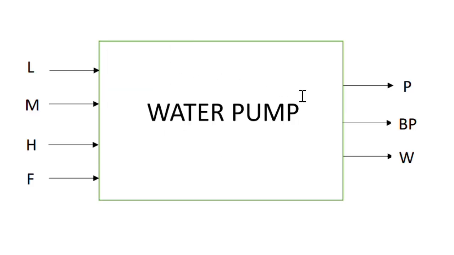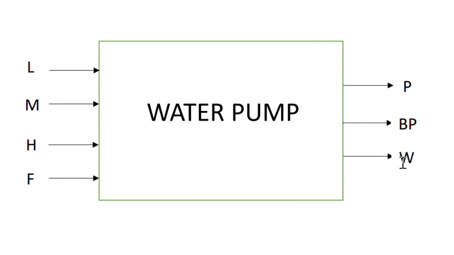So this is our block diagram. There are 4 inputs and 3 outputs. The first 3 inputs, which are L, M, and H, indicate our water level, standing for low, medium, and high. The last input indicates failure, when the main pump, which is P, our first output, cannot conduct its task.